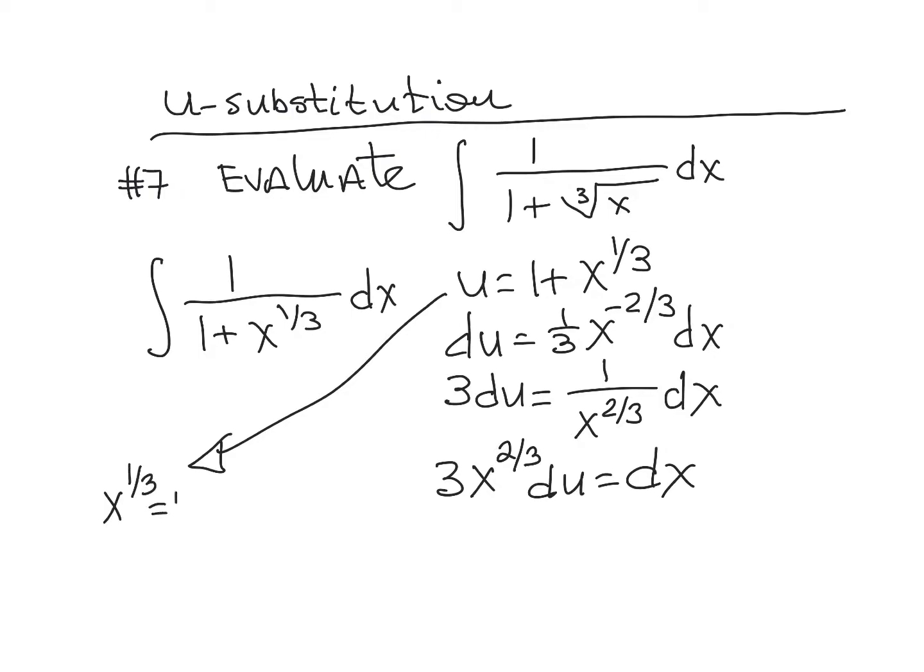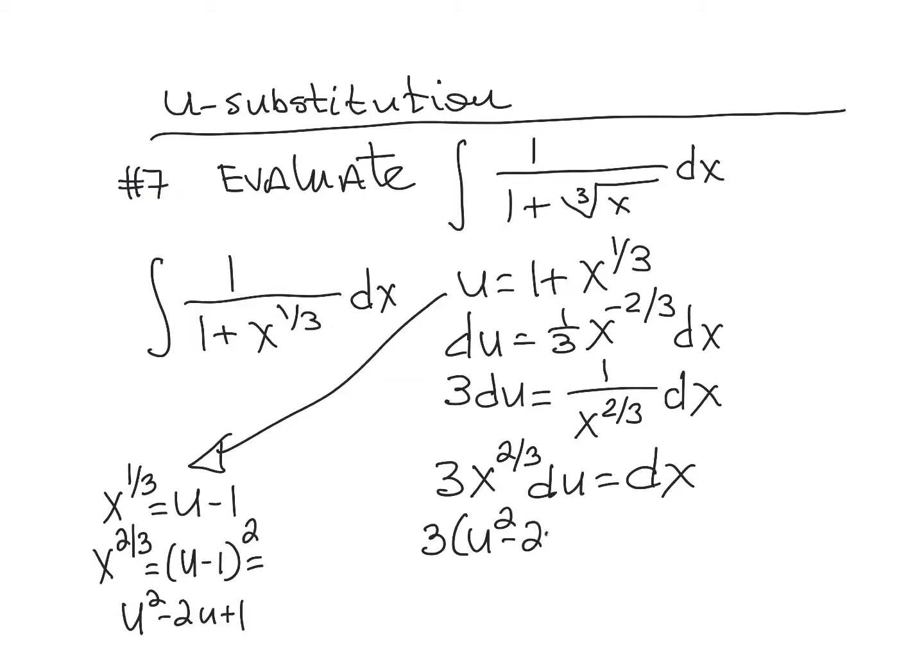Since u is 1 plus x to the 1/3, x to the 1/3 is u minus 1. x to the 2/3 is u minus 1 squared, or u squared minus 2u plus 1. We can now write 3 times u squared minus 2u plus 1 du is dx.